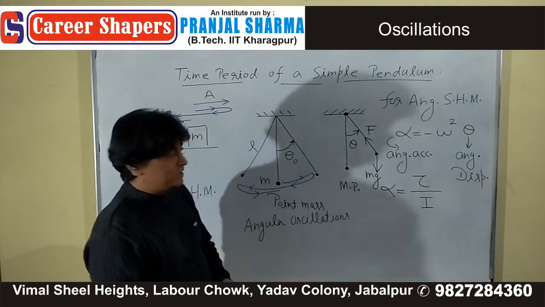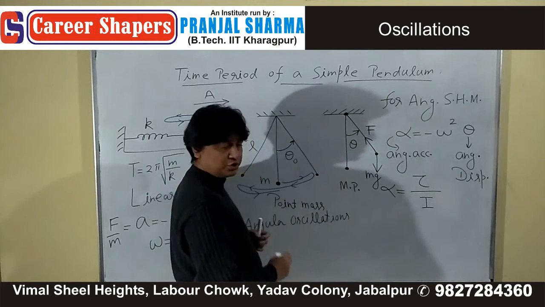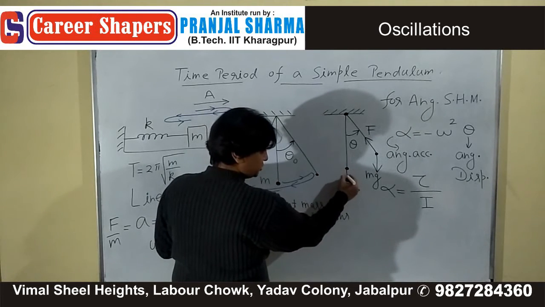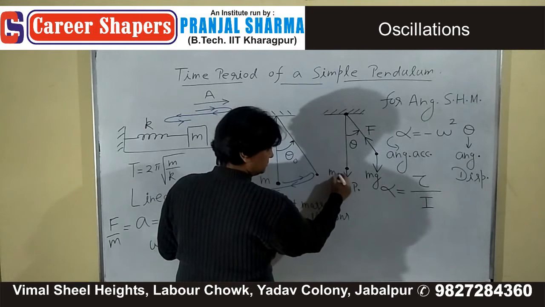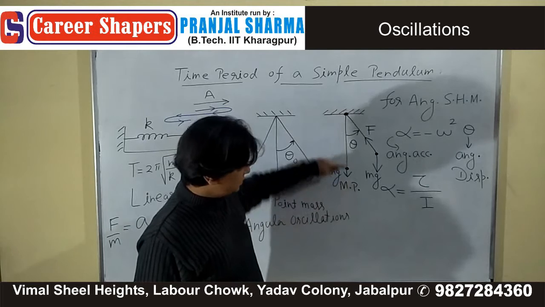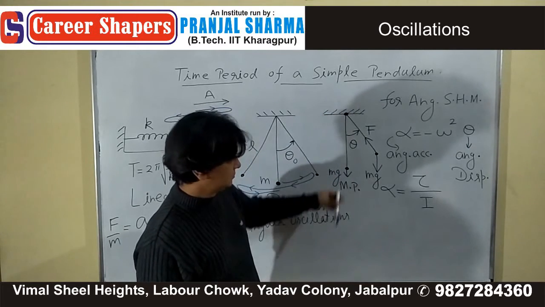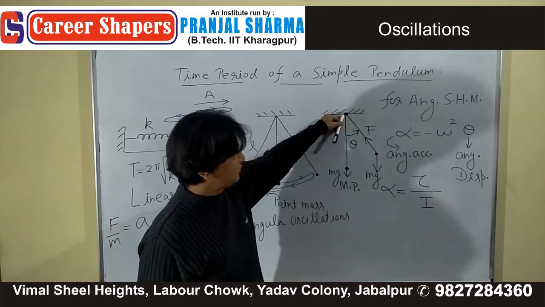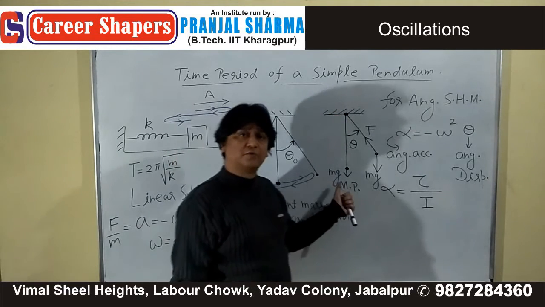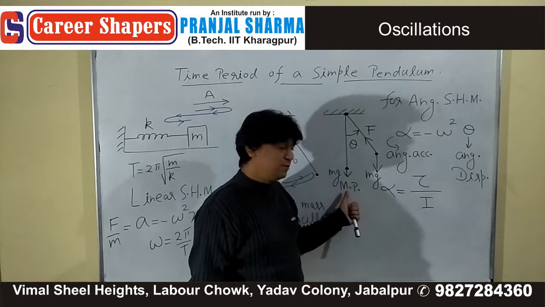What about mg? Look at mg at the mean position. Right at the mean position, this is your mg, and it passes through the axis of rotation. The force passes through the axis of rotation and therefore has no torque, but only at the mean position.